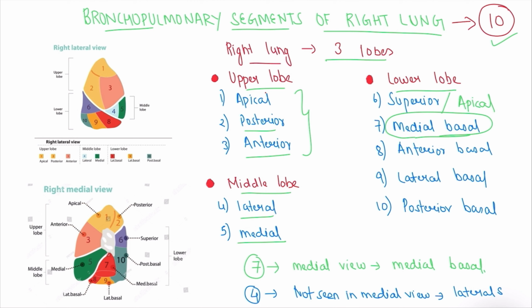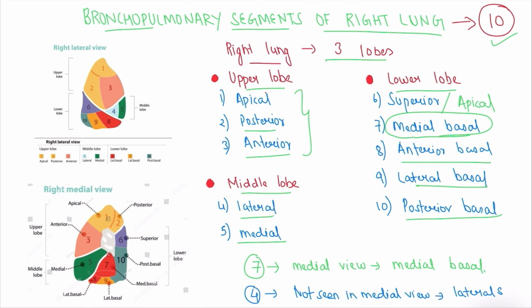And the eighth one is the anterior basal. Ninth one is the lateral basal, and 10th one is the posterior basal. As we already know, there are a total of 10 segments in the right lung. For memorizing the image, we have to memorize only the right side, and we have to make the opposite diagram for the left lung.